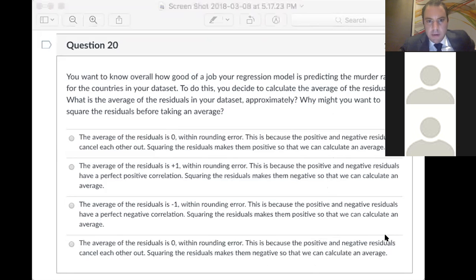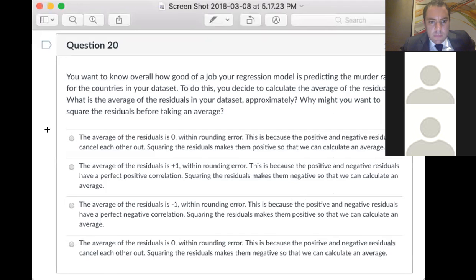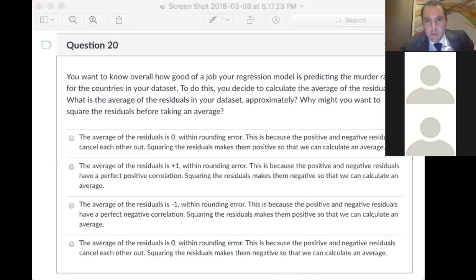So the second half of the question related to the SSE calculation. It's the method of least squares. Right, based on the wording, that had to be the right answer, because squaring residuals does not make them negative. I just didn't understand. I thought it was saying if you take those residuals that cancel each other out and square them and then add them together, your average would still be 0.